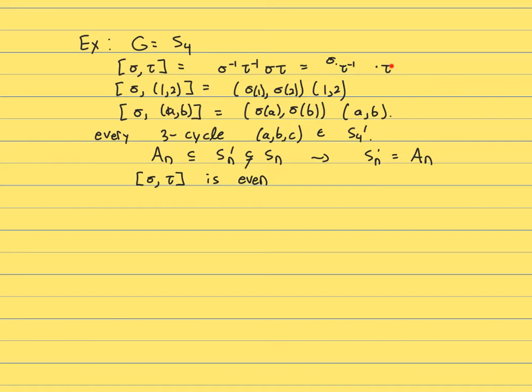Because if tau is a product of an odd number of 2 cycles, then this conjugate is also going to be a product of an odd number of 2 cycles. And when you multiply them together, that's going to be even. And vice versa, when tau is a product of an even number of 2 cycles, so is this thing, and their product's going to be even as well. And so that's enough to tell you that Sn prime is a subset of An.